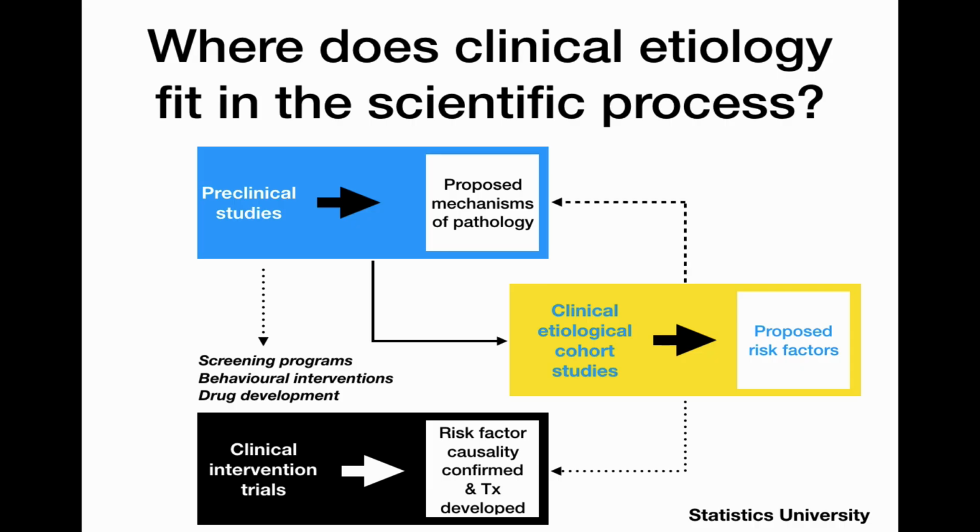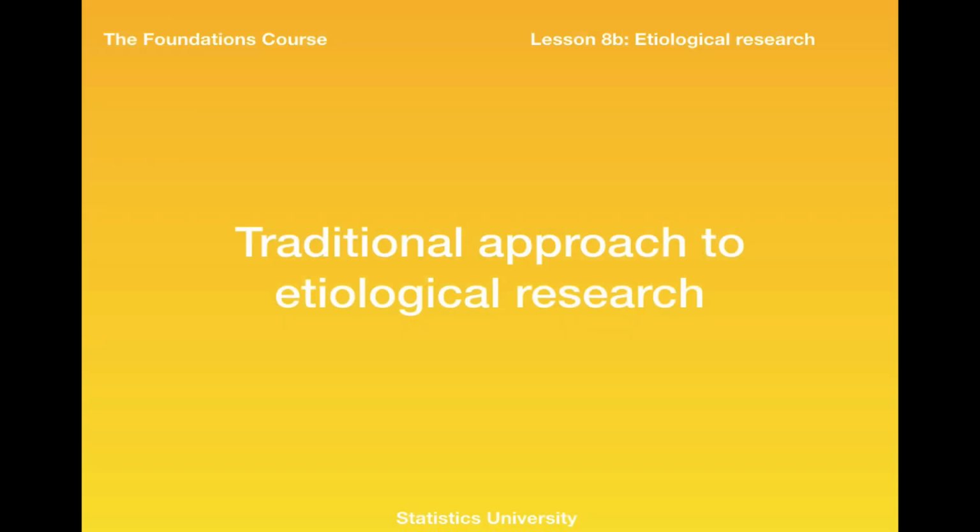And sometimes new mechanisms of pathology are proposed from some of these clinical cohort studies where new risk factors may be uncovered, which can feed into the preclinical study loop that may use this new knowledge to test the proposed mechanisms of pathology. Now let's move on to how to perform etiological research.